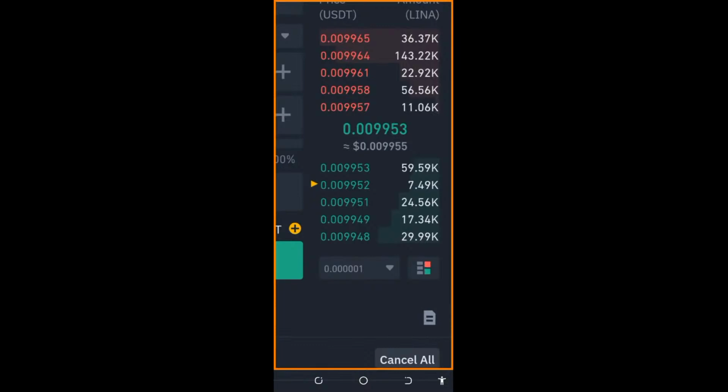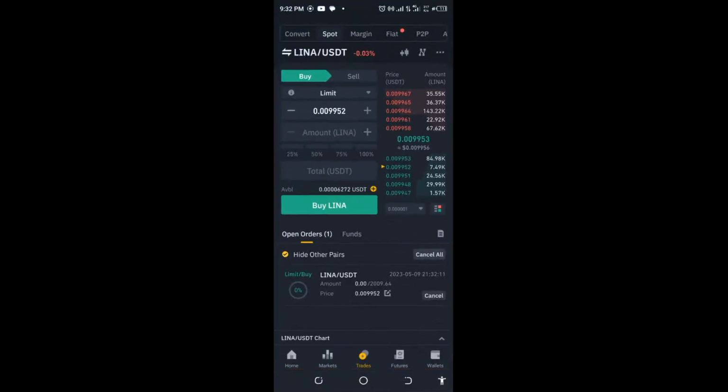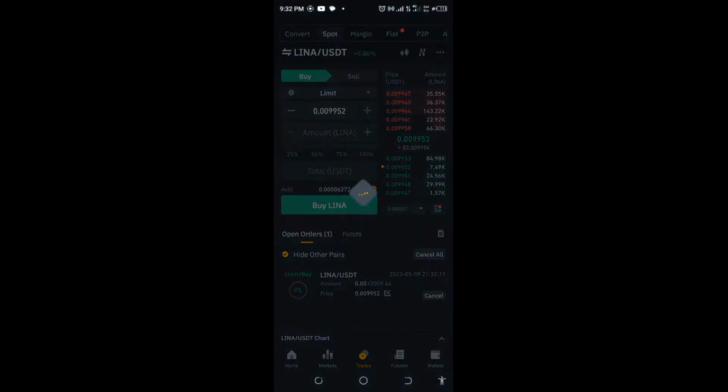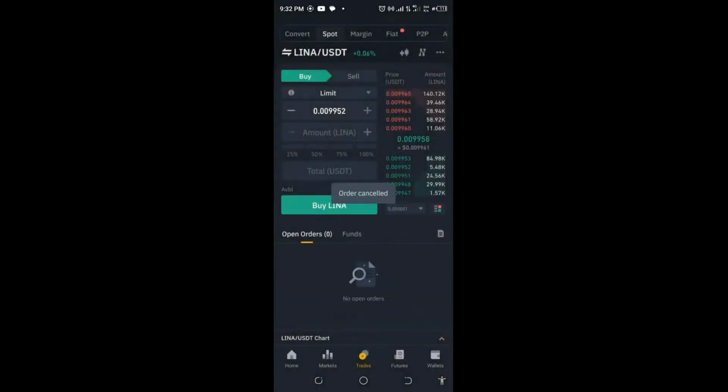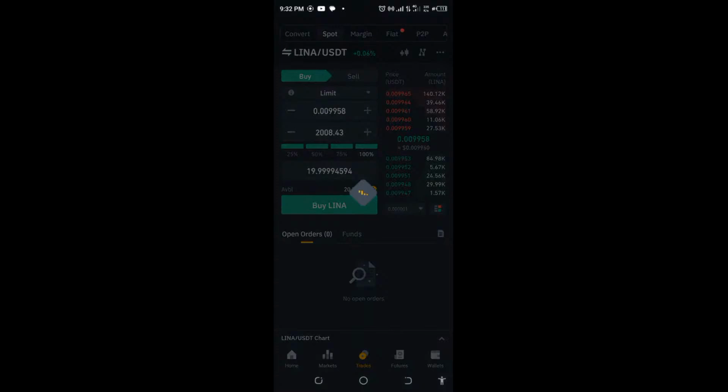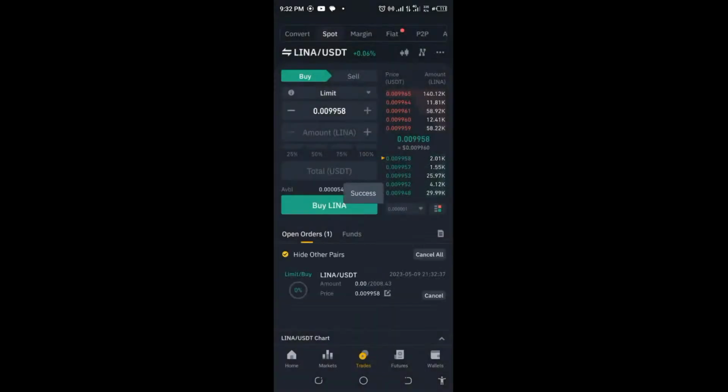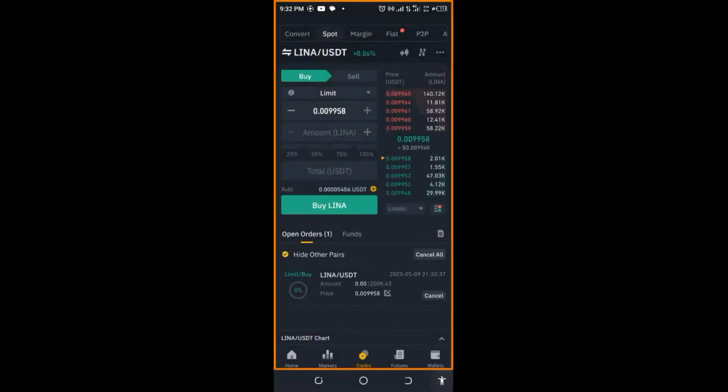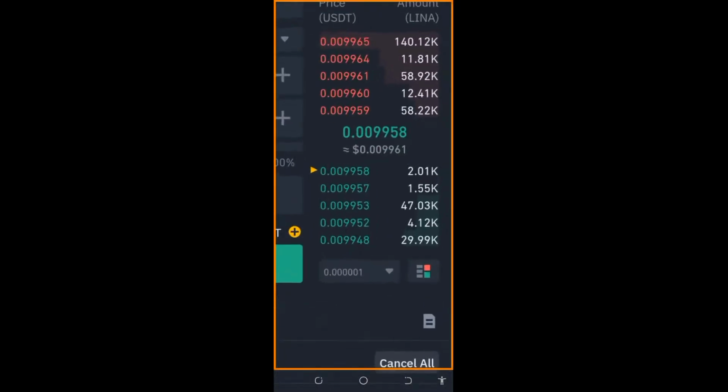You can see it's not the exact price. So let me just cancel that and do that once again. Okay, the price is not current. So let me check, and then I'll see whether it will pick it up. Let's see how long this will take.